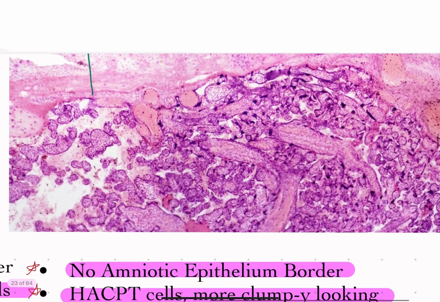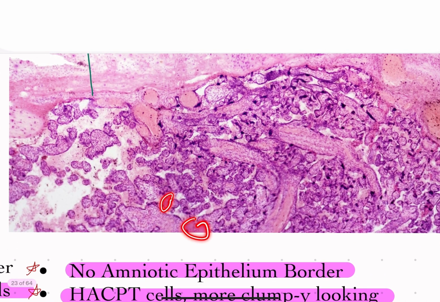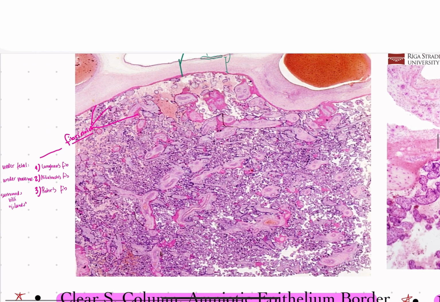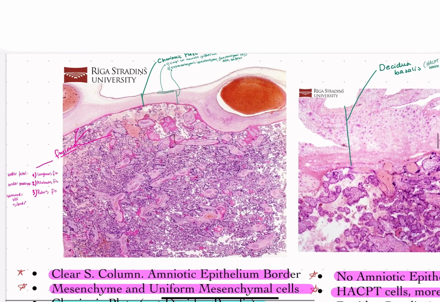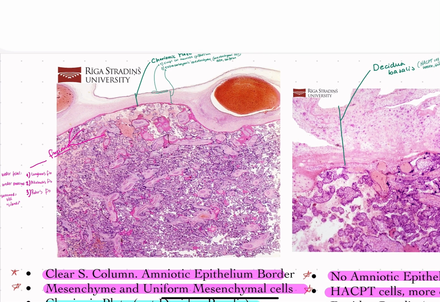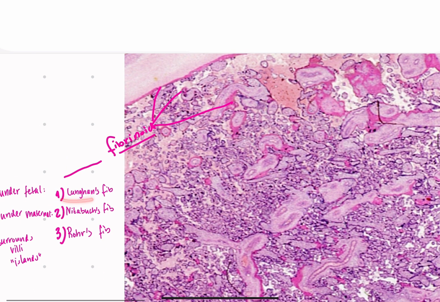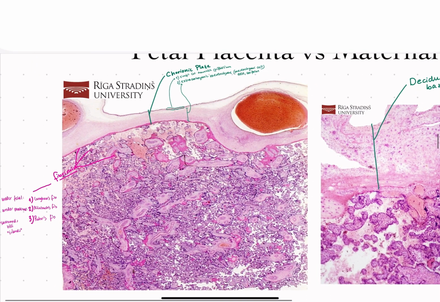Here we can also see it, here and here. That is known as the Rohrs fibrinoid. We just love men's surnames being used to name the structures, right? So again, Langhans being directly underneath the fetal placenta, Nitabuchs being directly underneath the maternal placenta, and Rohrs surrounding all of these tertiary villi.